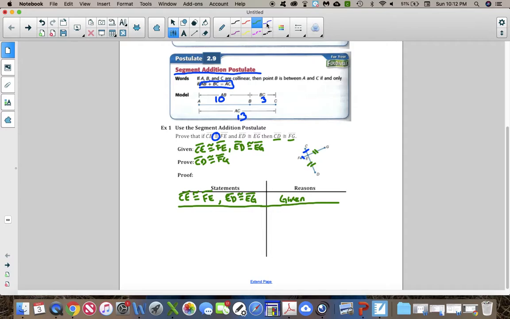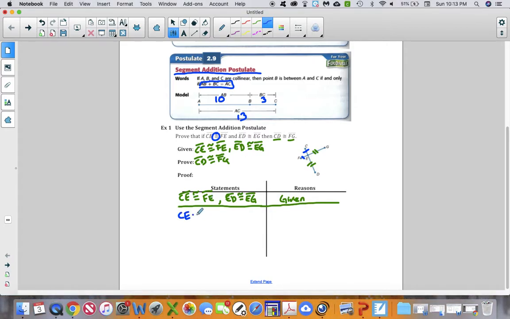Now, the next thing that we're going to do is something weird, which really just takes this, and instead of saying congruent, we're going to say equal. Okay, so we're going to say that CE is equal to FE, and ED is equal to EG.